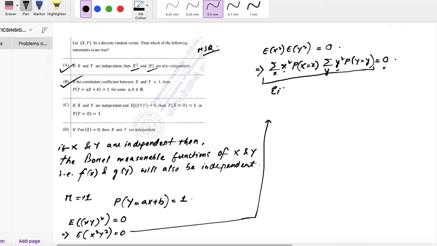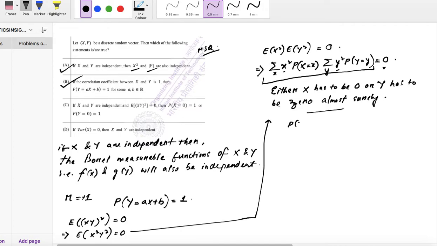So probability of y equal to 0 is 1, or probability of x equal to 0 is 1. So option C is also correct.